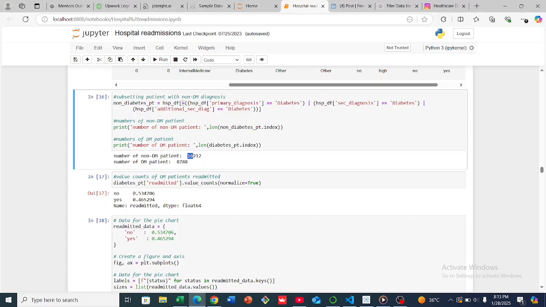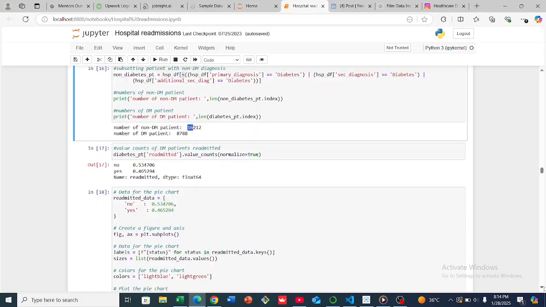You can see that for this data set, remember we have 8,788 patients out of our whole data set which we had earlier on, and among these diabetic patients, 46% were readmitted, while 53% that had diabetes were not readmitted. So take note of this figure.